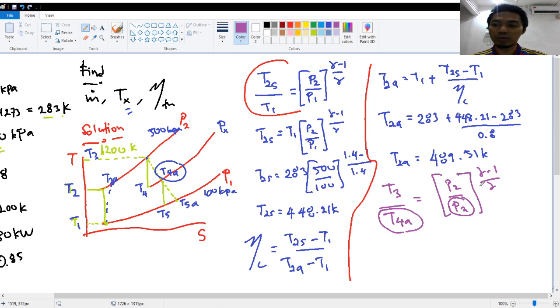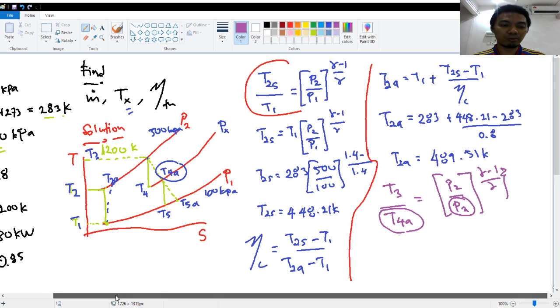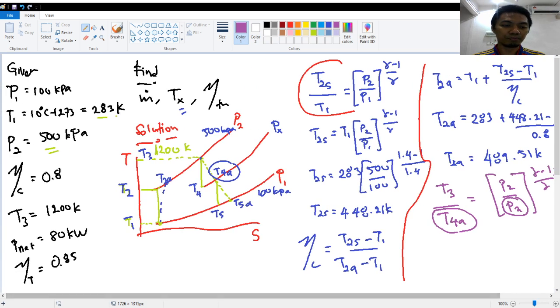Indeed, we can solve if we have a Px value, but in this case we don't. So what we have to do is read back in the question.